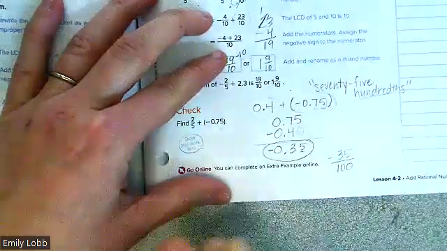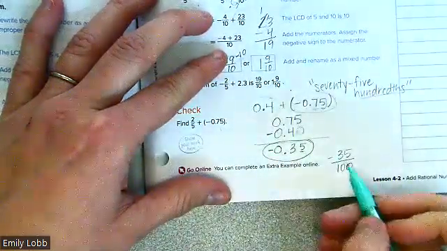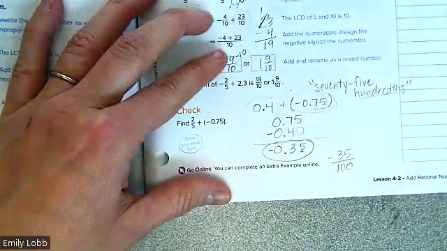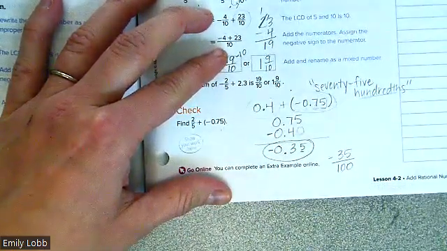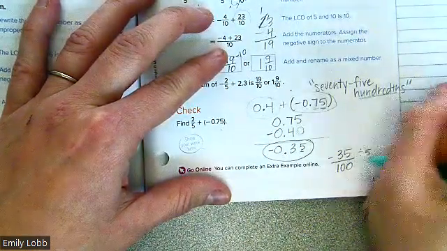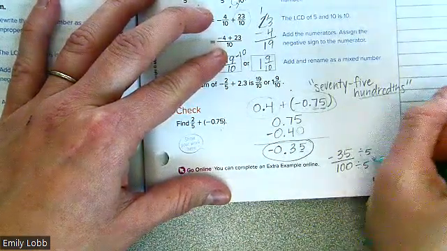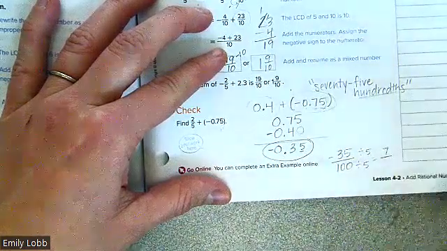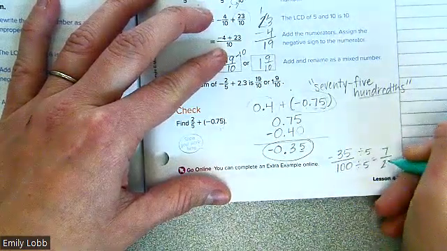And then I could simplify it as a fraction. What can I divide them both by? These are both multiples of 5. So whatever I do to the top, I have to do to the bottom. 7/25.